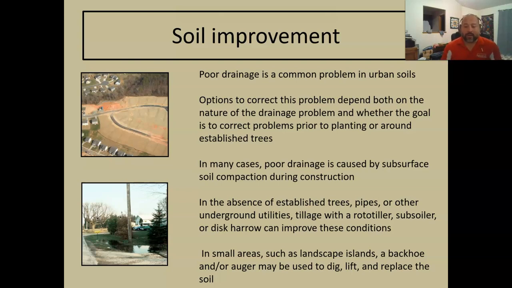In small areas such as landscape islands, a backhoe or an auger may be used to dig, lift, and replace the soil, and just move the soil around and give the soil another chance to get water and air in there and aggregate up to really open up that macropore space and that aeration capacity to allow the soil to drain well.